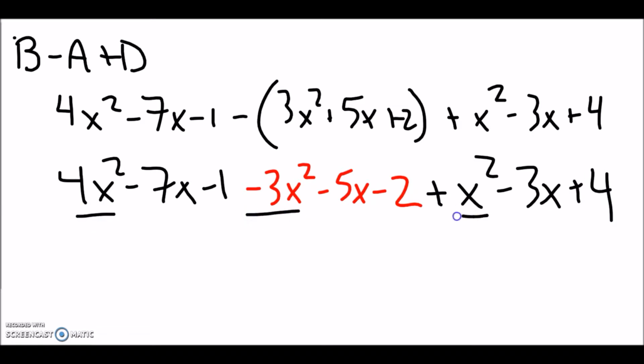Let's combine like terms. 4x squared minus 3x squared plus x squared equals 2x squared. Negative 7x minus 5x minus 3x, negative 15x, and negative 1 minus 2 plus 1, or plus 4, is positive 1.